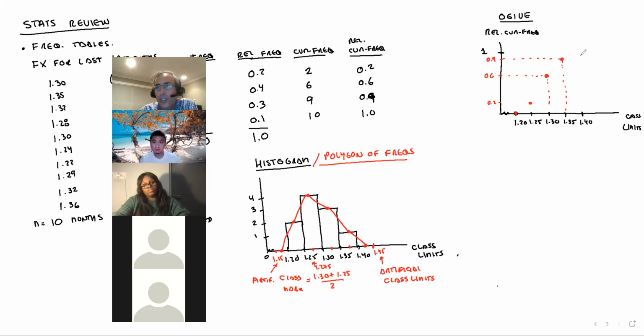And below 140, I have all observations, 1. So how does my OGIF look at the end? It starts from 0, goes up, goes up, goes up, and stays at 1. That's my OGIF. 1 minute to copy, guys.